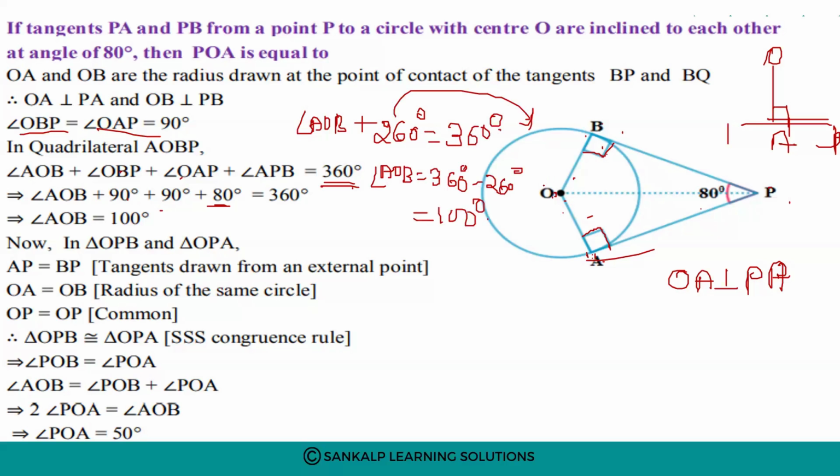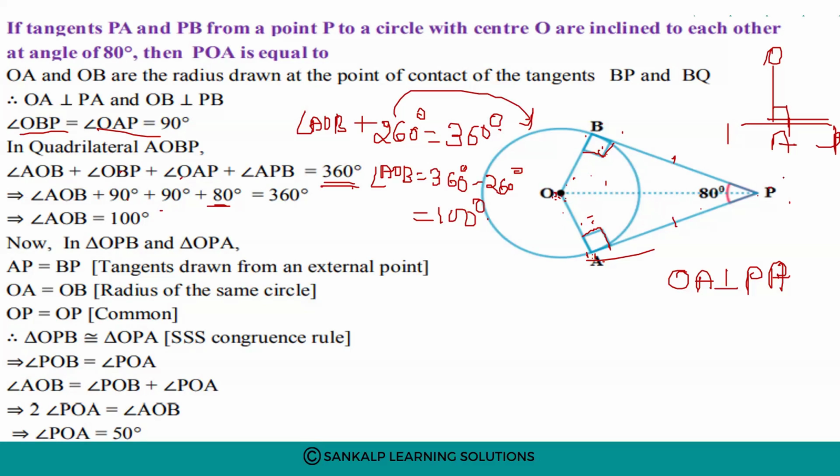Now, in triangles OPB and OPA, two triangles are there. AP is equal to BP because these two are tangents from an external point, and the lengths of these two tangents are equal. OA is equal to OB, radii of the same circle, so these two radii are also equal.